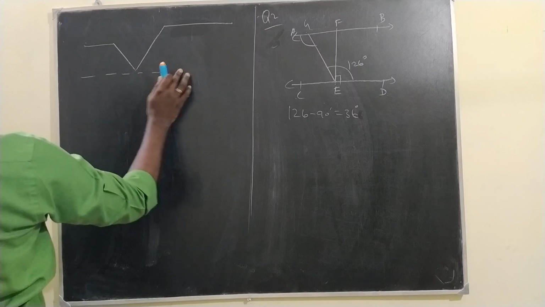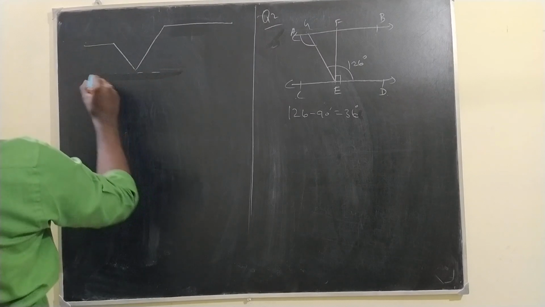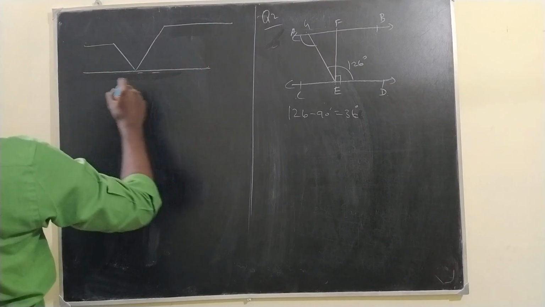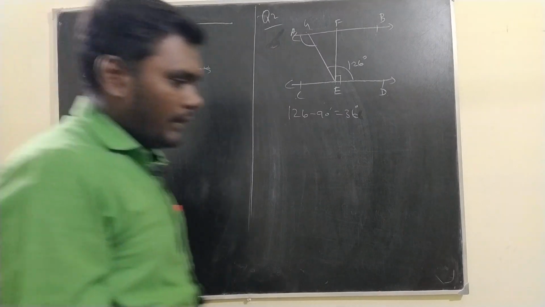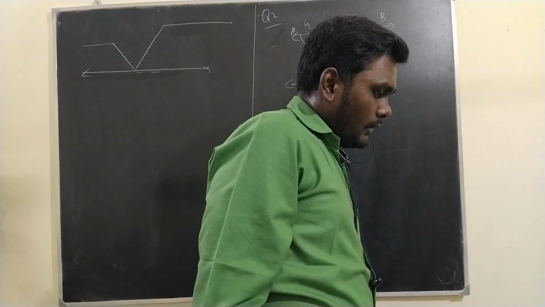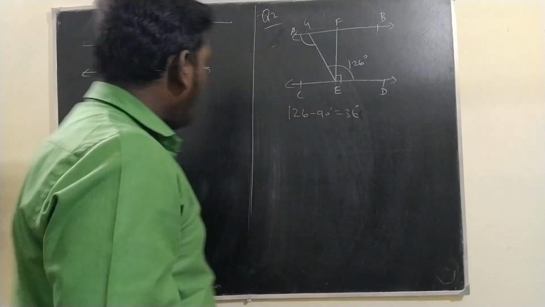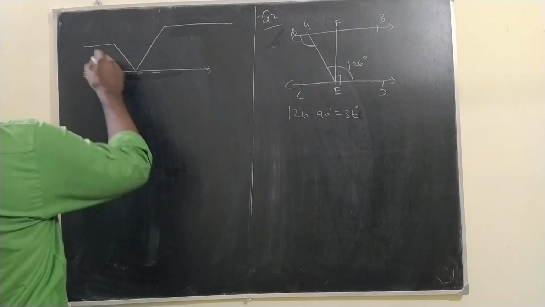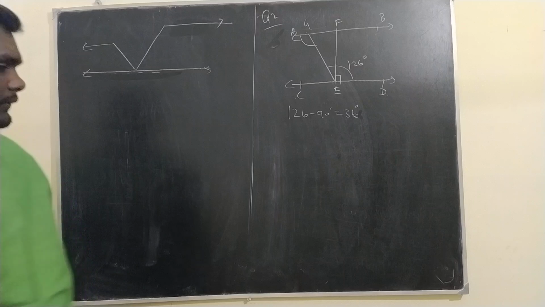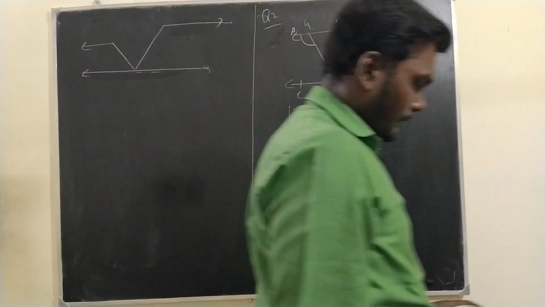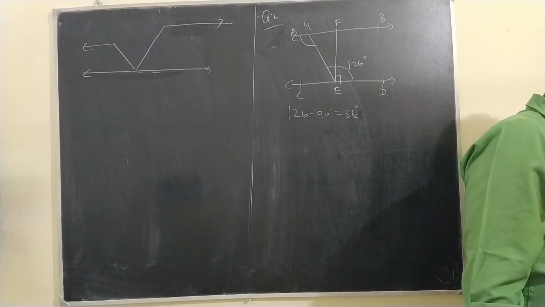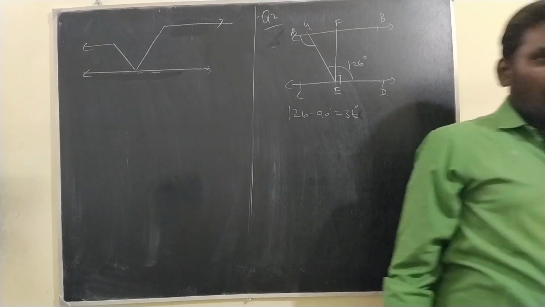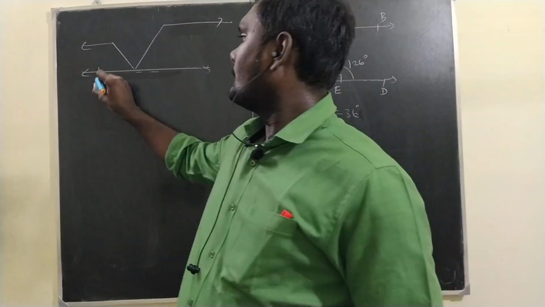We can draw an imaginary line passing through this point, and then using that we can find, right? So QRS we have to find. Can you find it or do you want me to solve? We'll draw AB parallel.